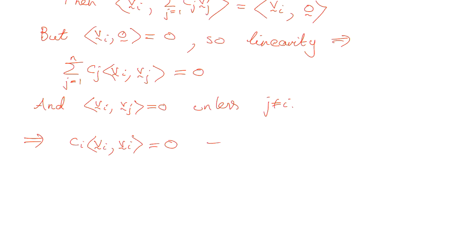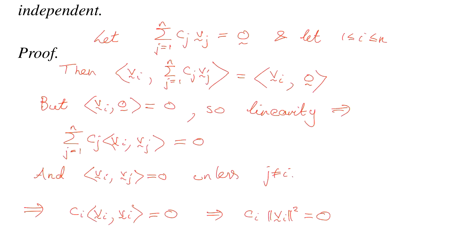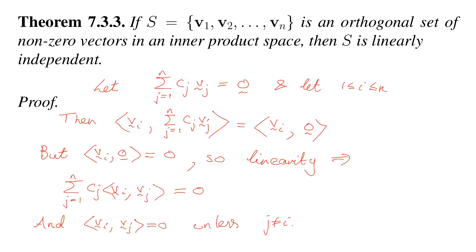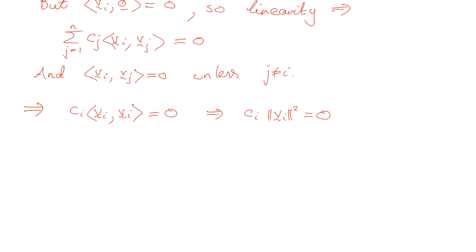As we just mentioned, the inner product of something with itself is the length squared, so you can write this like that if you like. So far we've just used the orthogonality of the set S. We haven't used the fact that these are assumed to be non-zero vectors, but we're about to need that fact. None of these things are 0, and that means they've all got strictly positive length.